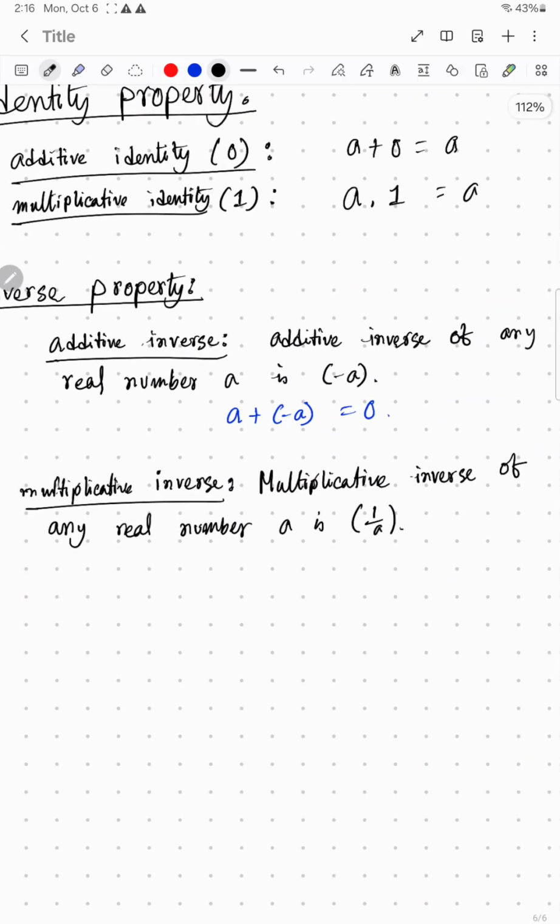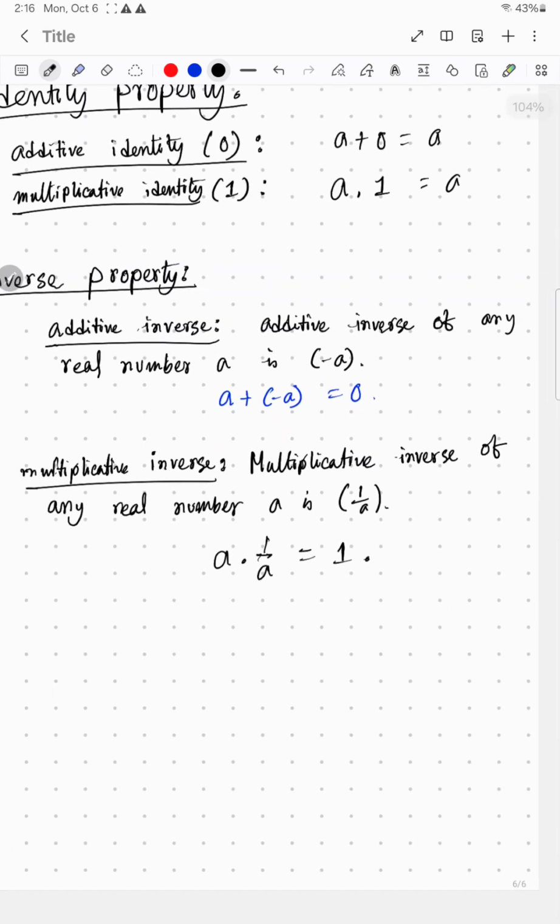This 1 over a is also called the reciprocal of a, because when you multiply these two numbers, we get the identity back, 1.